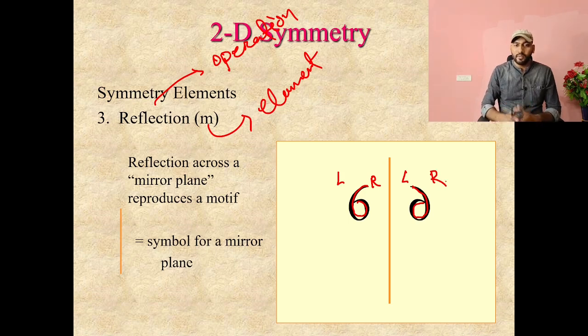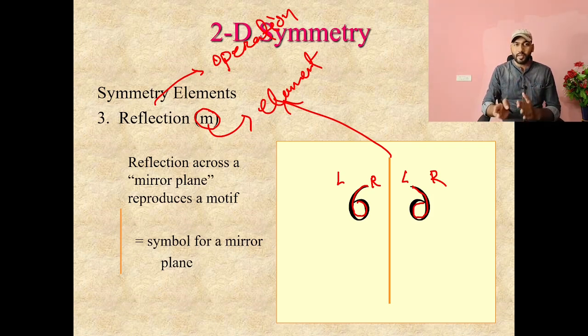This is how reflection symmetry works. The symmetry element is the mirror plane, and the operation is reflection. We represent it with the letter M, which stands for mirror. It will reproduce the motif, meaning the face or the edge or the solid angle, but the side will be changed.